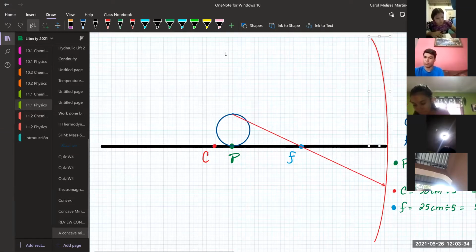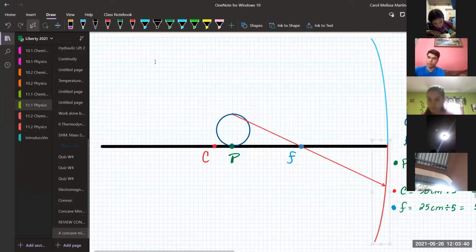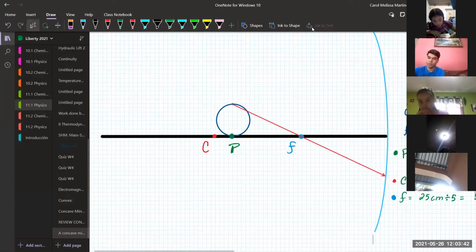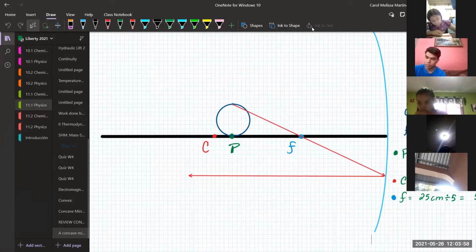Okay, I'm gonna put my mirror in a different color. And then it says, well, it doesn't say, but it shows that the ray comes back horizontally. So this is the first ray, okay?